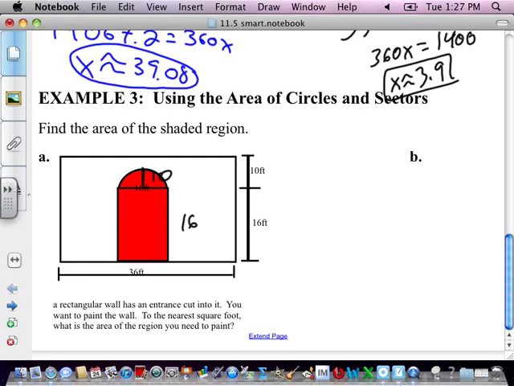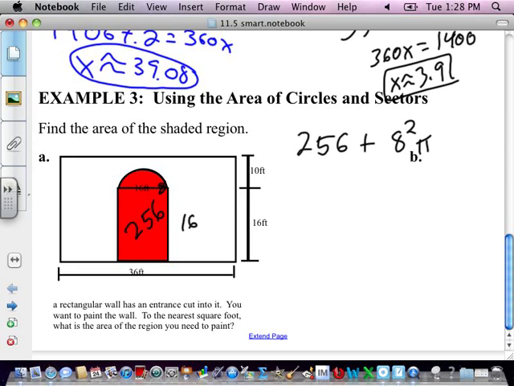So we know the square part of the bottom is 16 times 16, which gives us 256. Now, what's half of 16? 8. So it would be 256 plus 8 squared times pi.